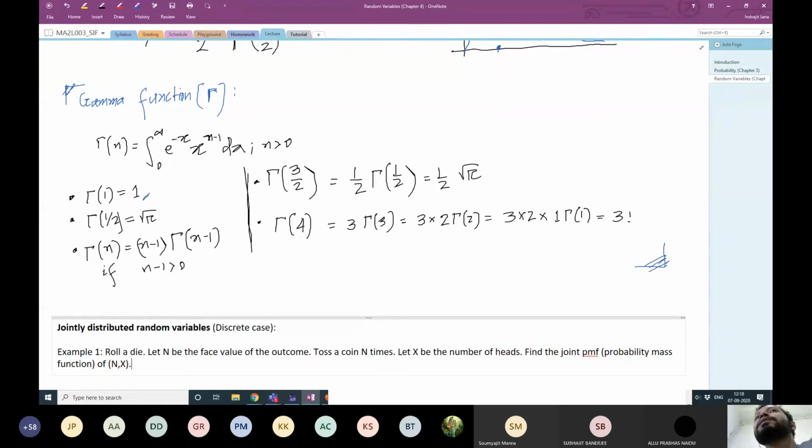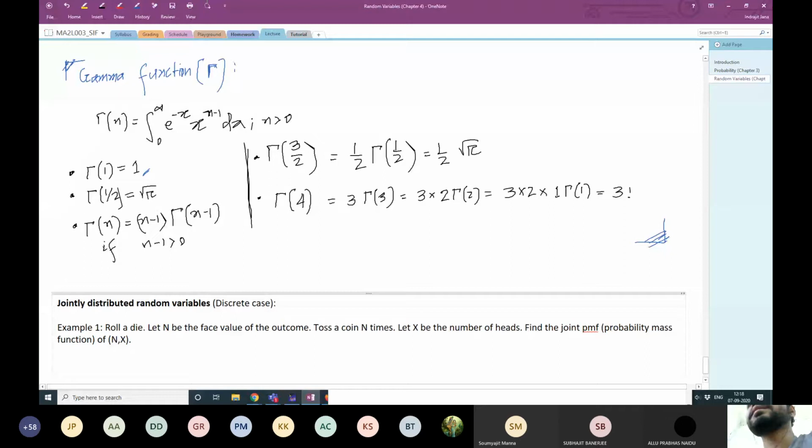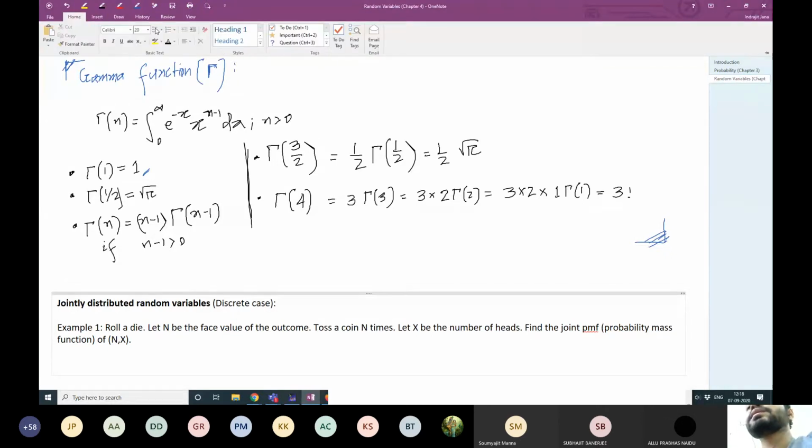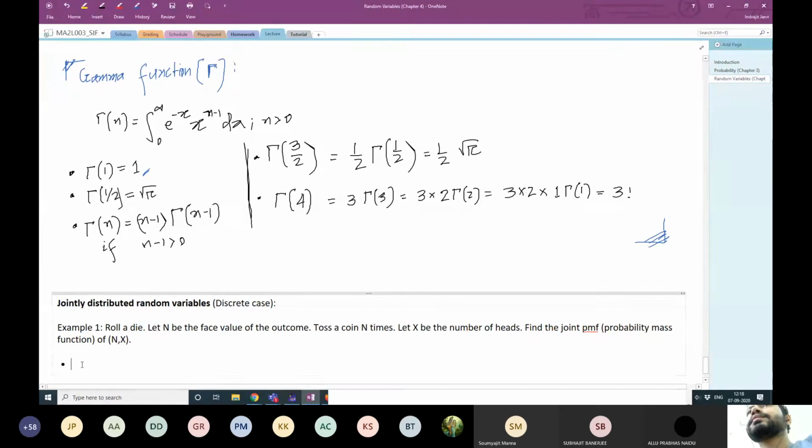So before I go into the solution of this, let me tell you a few points about these random variables. First of all, you can think of this (n, x) as a two-dimensional random vector, or a two-dimensional random variable, or a random variable in two dimensions.